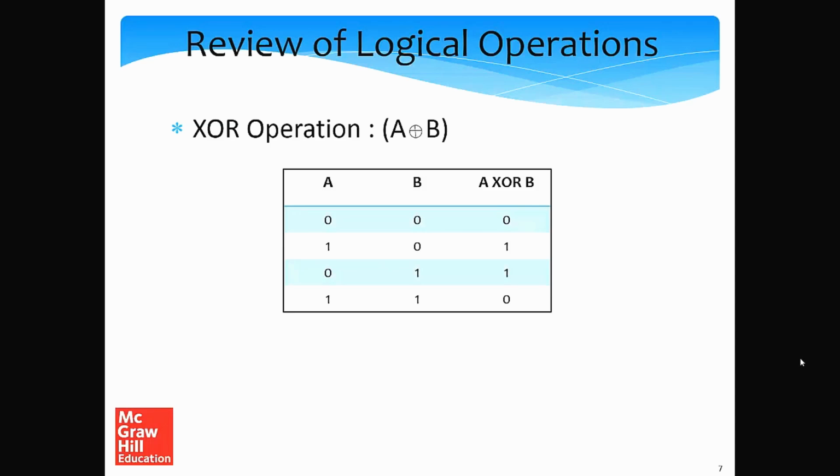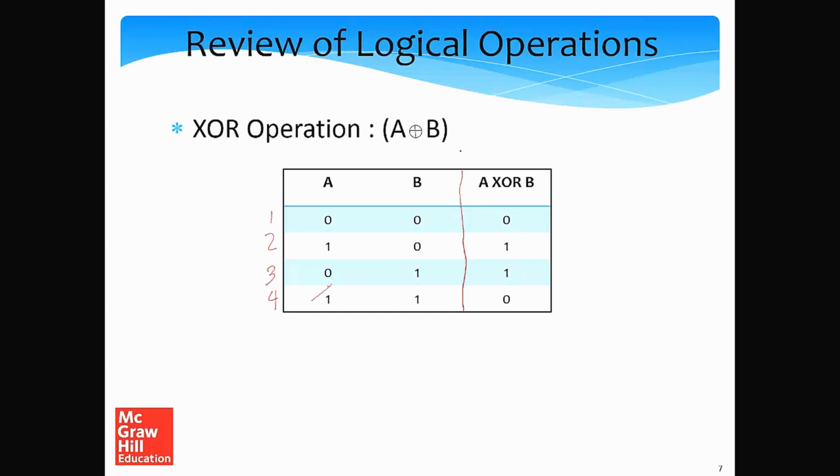The reason is like this: every truth table that I have over here will have precisely 4 rows, row 1, 2, 3 and 4. Each row will have a unique combination of the different variables. So it will have 0 0, 1 0, 0 1 and 1 1.